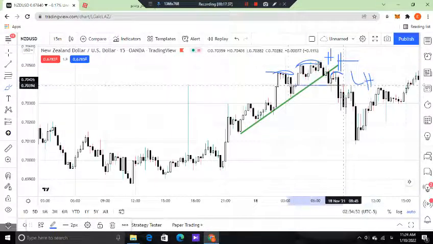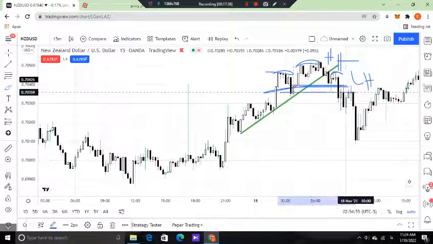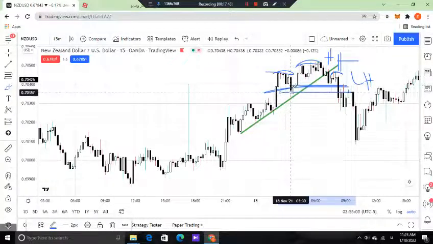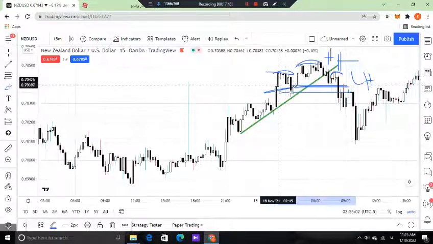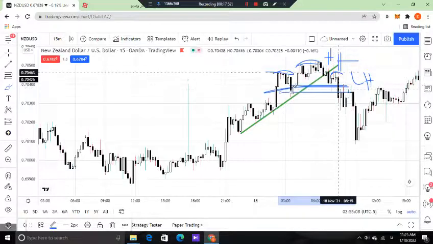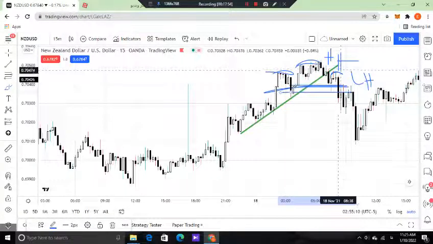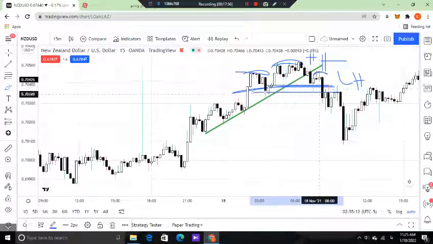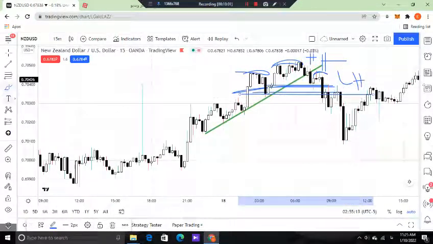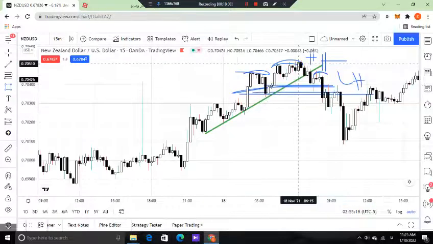What happened is price didn't make it to cross this swing level, which is this left shoulder, and we had this pullback at this trend line, and it formed the head and shoulders. That's simple. And you can measure the target.